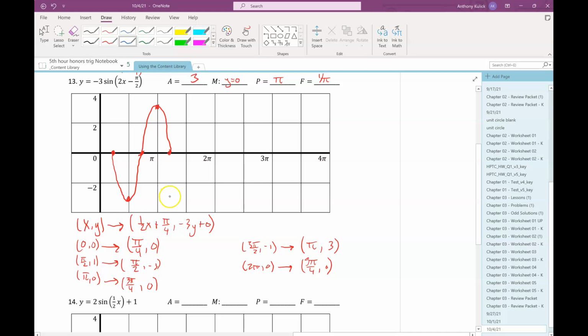So the next spot should be down here, and then back to here, up to the middle, down to the middle, up, middle, down, middle, up, middle. So this would go like this to fill.